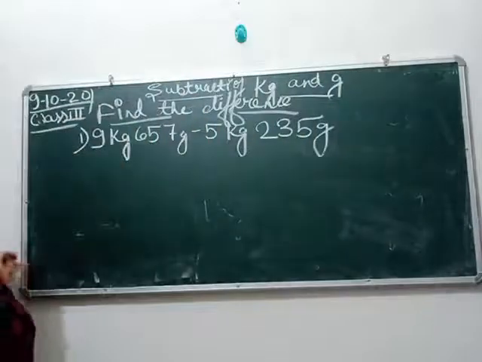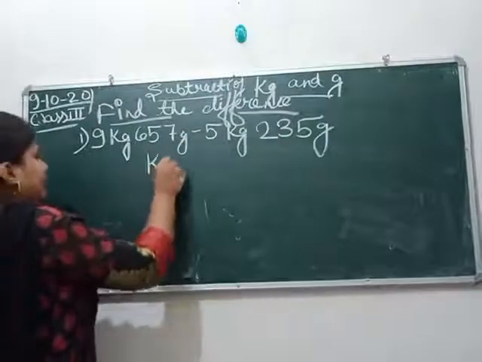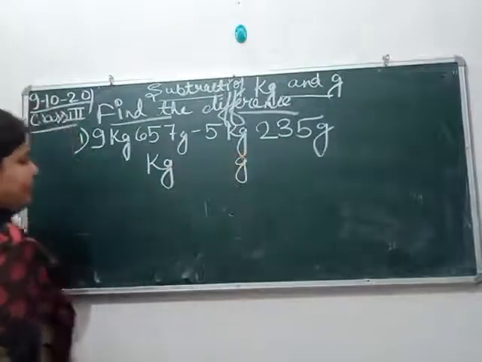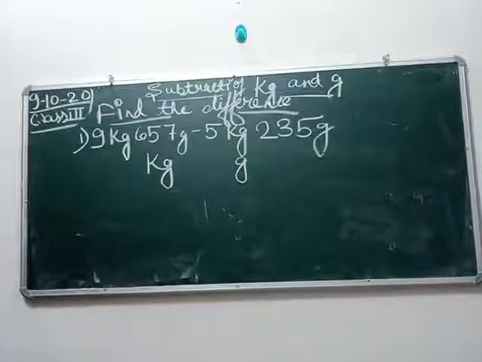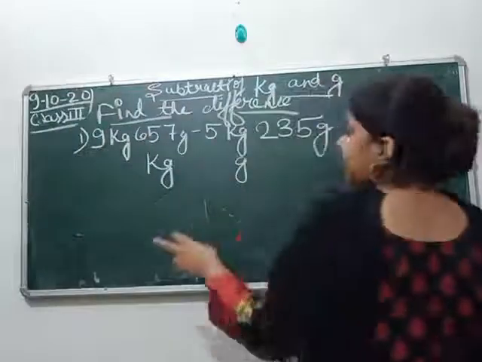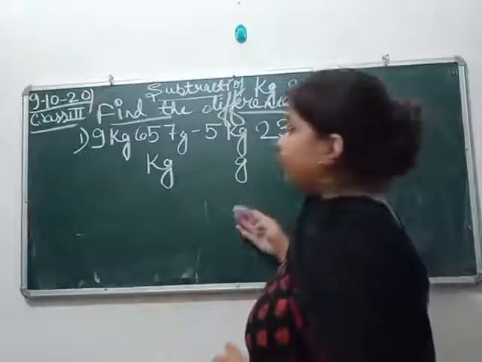So the first heading is kg, and at a distance we have to write gram. Then what will we do? Like in addition, we were noting down the values, similarly we will note down the values here also.